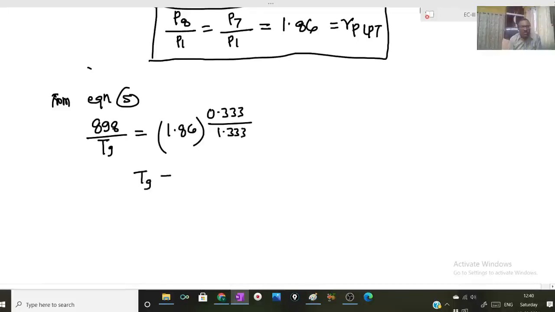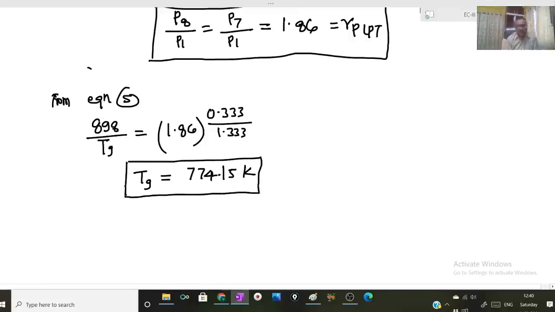So T9 comes out 774.15 Kelvin. That is temperature of the gas after expansion in the LPT.